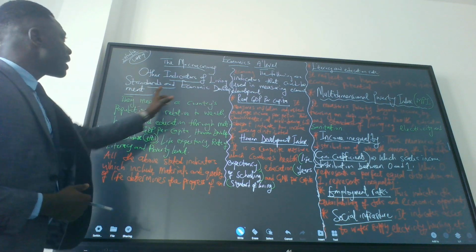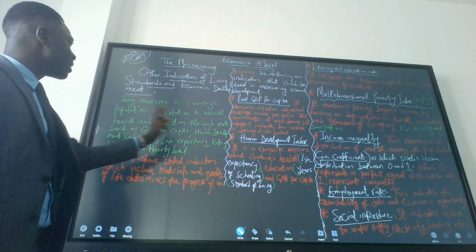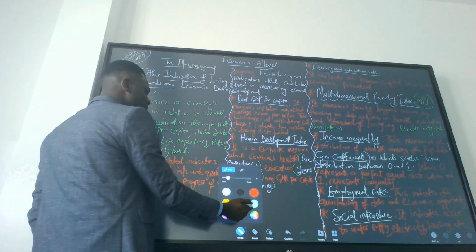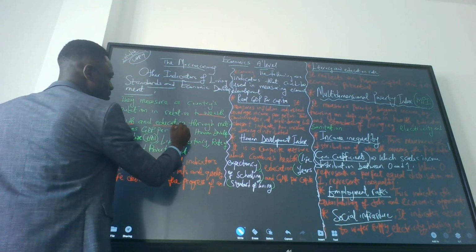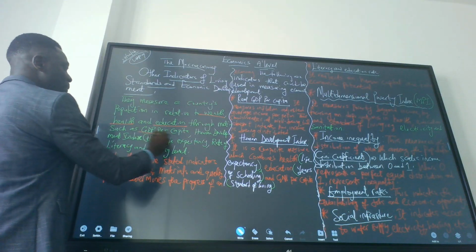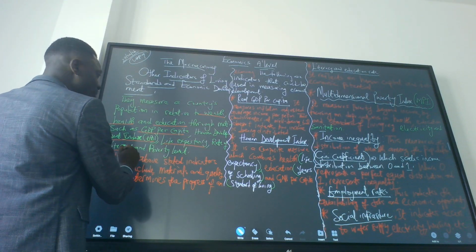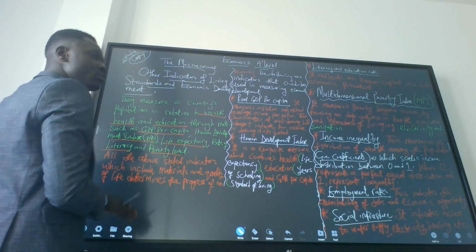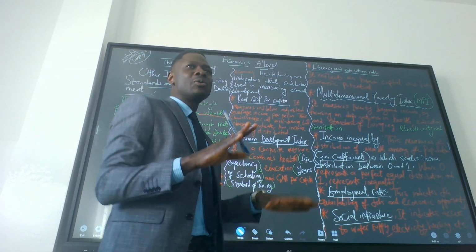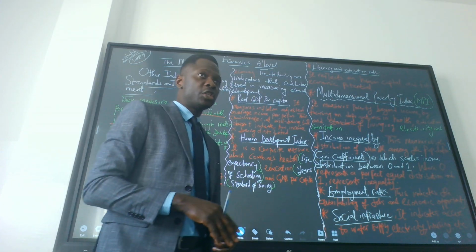So here are other indicators of living standards and economic development. They measure a country's population relative to wealth, health, and education, through metrics such as GDP per capita, Human Development Index, life expectancy, rate of literacy, and poverty level. So these are indicators that would allow us to know the level at which an economy is with its population.